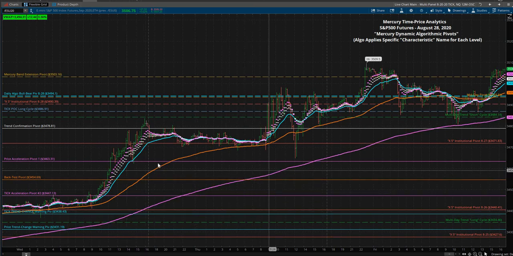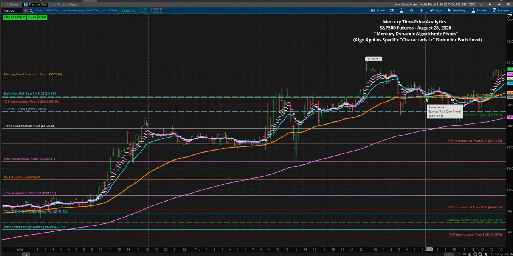So, for example, and we didn't have a whole lot of movement here on Friday, but just as an example, price comes up here, and this algo is generated about 2 hours before the market opens. All right, so this level here is the tick point of control.